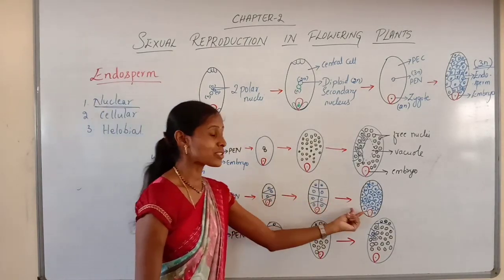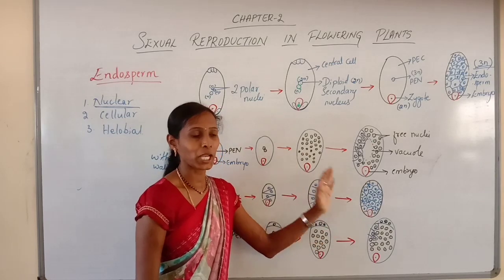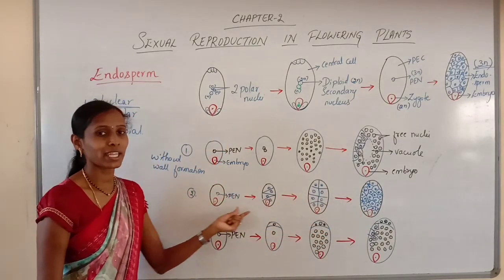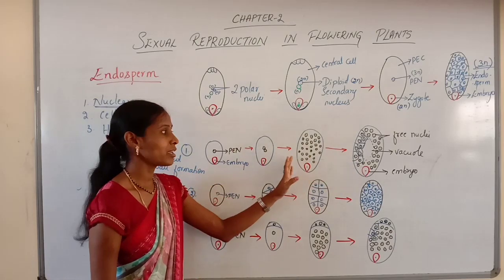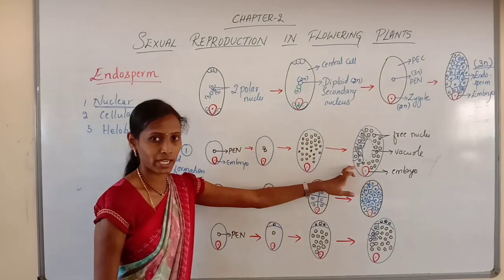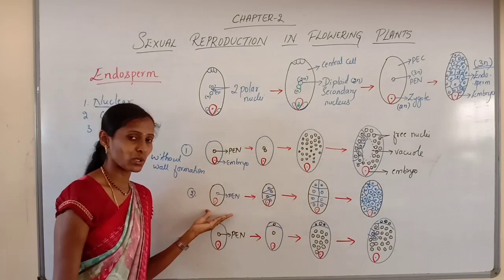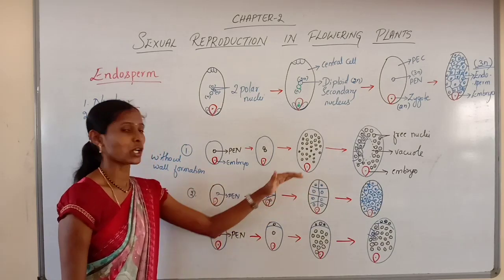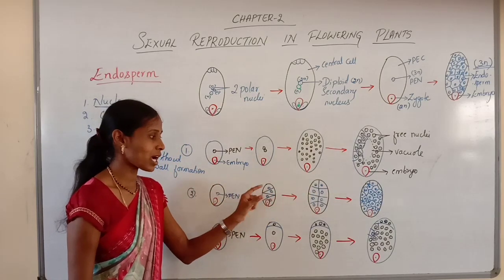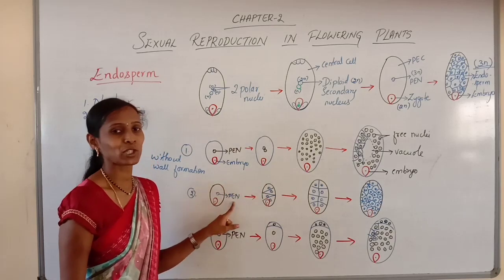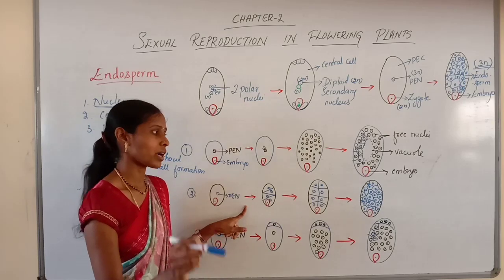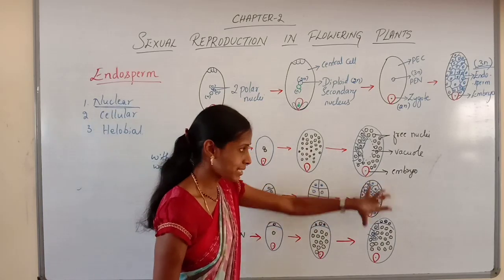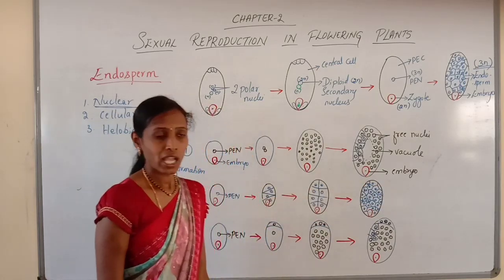That's why it is cellular endosperm. The endosperm is cellular from the beginning only. Because each and every division of the primary endosperm nucleus is followed by cytokinesis, it results in the formation of cellular endosperm.